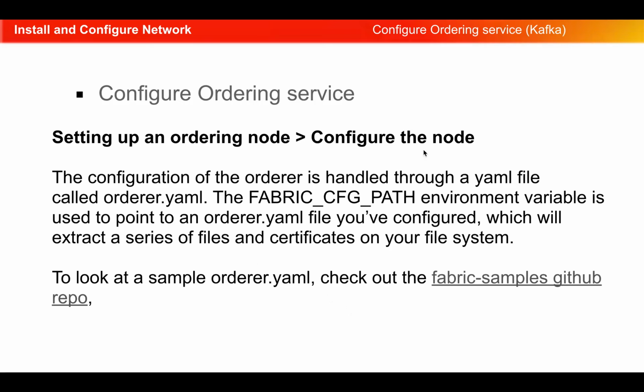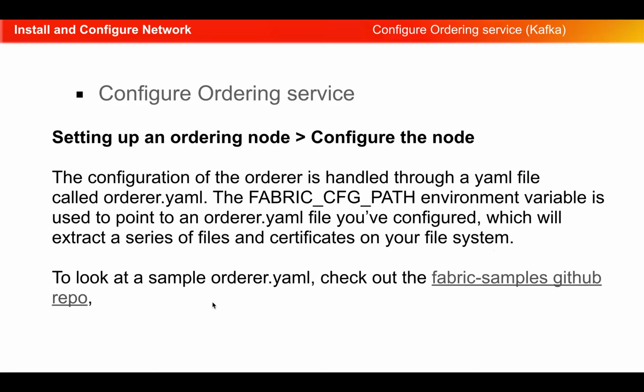The next step is configuring the node. The configuration of the orderer is handled through a YAML file called orderer.yaml, which we have already seen. FABRIC_CFG_PATH, which is an environment variable, is used to point to the orderer.yaml file which you have configured, which will reference a series of files and certificates on your file system.